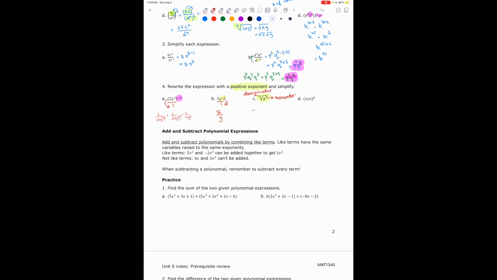So it's going to be x raised to the power of 3 over 5. That is how you simplify it to a positive power.